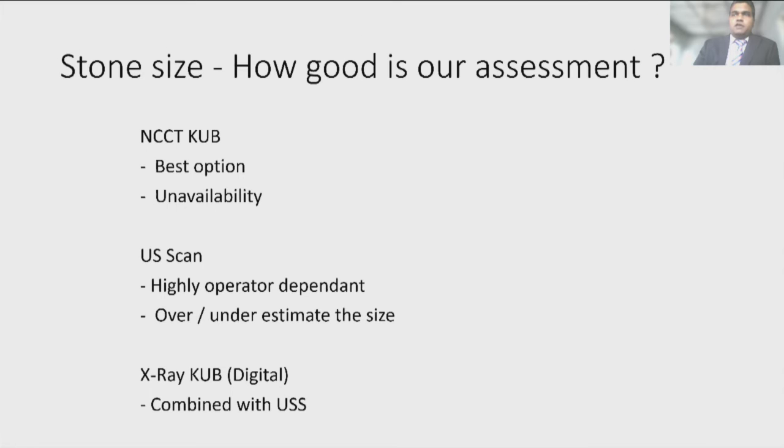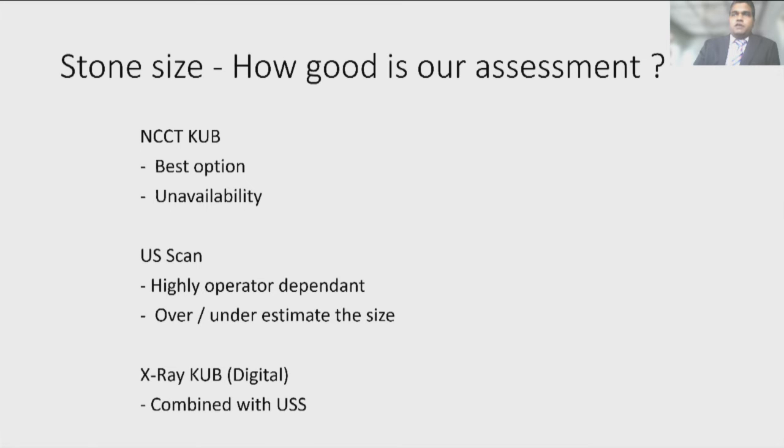Here you can see both upper and lower ureteric stones. The stone passage rate almost becomes zero when the stone size goes above 8 millimeters. When the stone size reaches more than 8 millimeters, it is increasingly unlikely to pass spontaneously. That's the evidence we have about stone size.